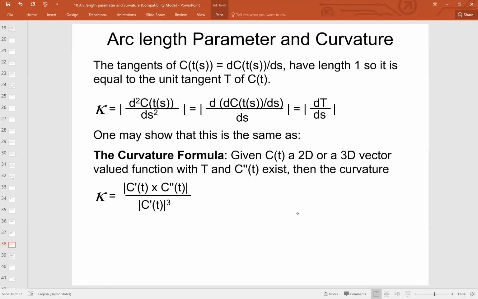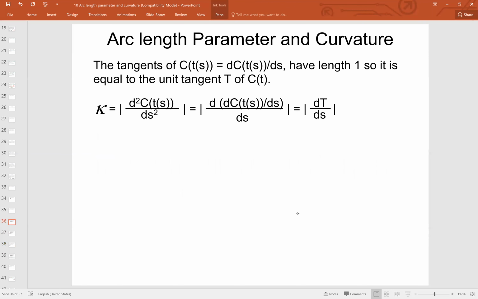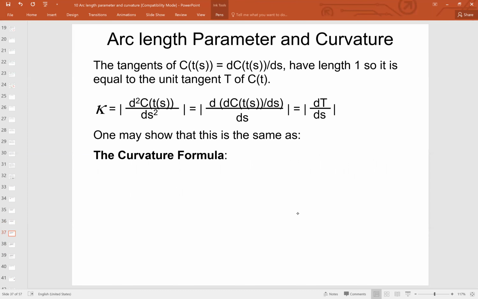Everything in this formula is a derivative in t. Before, the derivative of the curvature was in terms of that difficult-to-compute parameter s, whose formula we don't know.